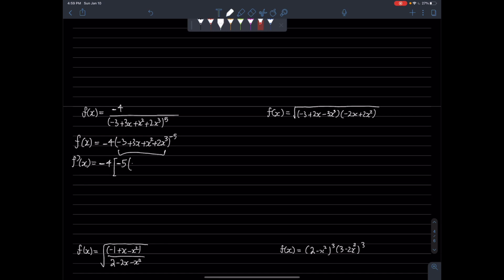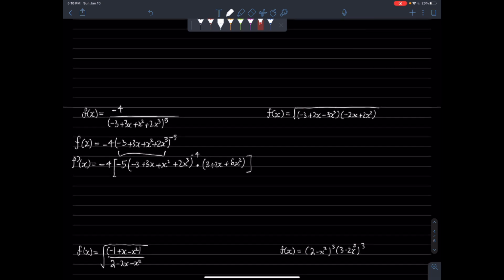So we put the inside again, and then we multiply by the derivative of the inside. So 3 plus 2x plus 6x squared. That would be the derivative, right?